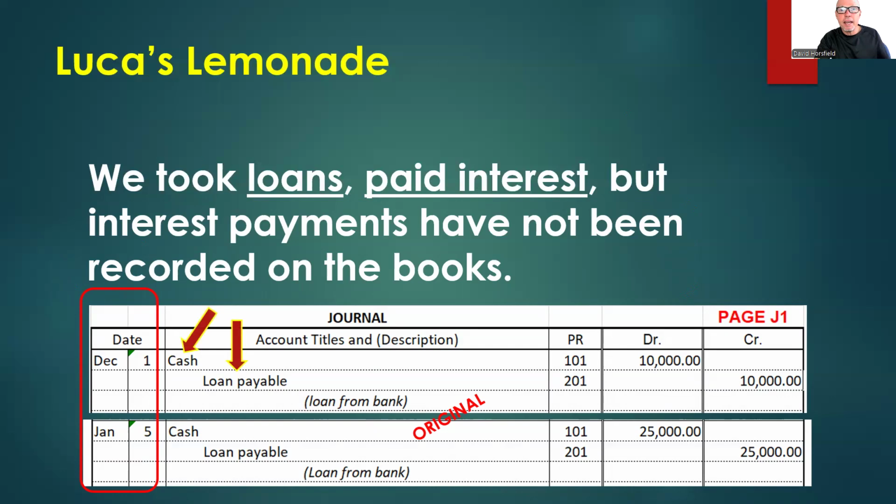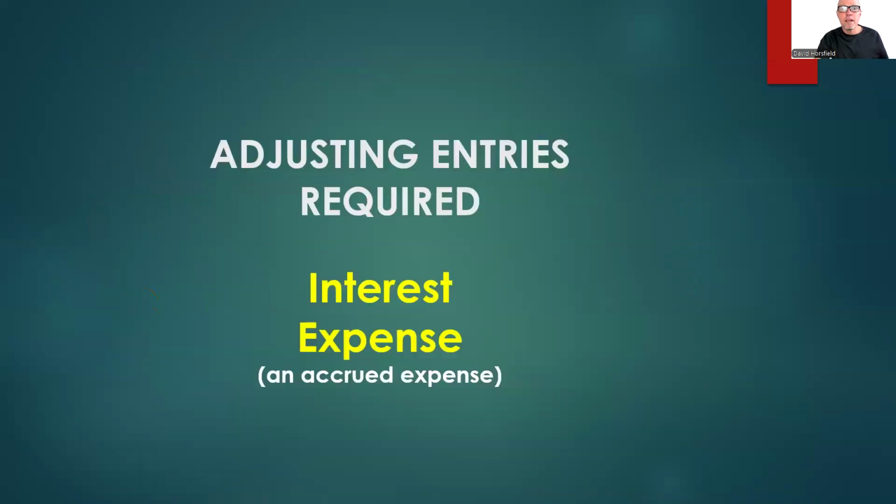Cash came in, and loan payable became the account that was credited, way back in the original journal entries that we did to keep track of this. So these adjusting entries are required to pick up this interest expense, which is considered an accrued expense. It's been building, it's been snowballing in the background.